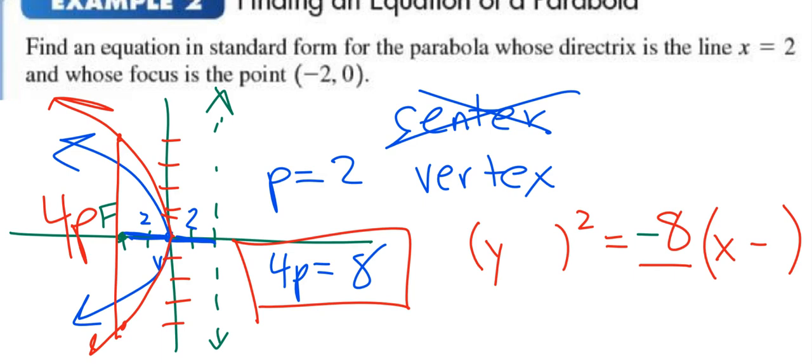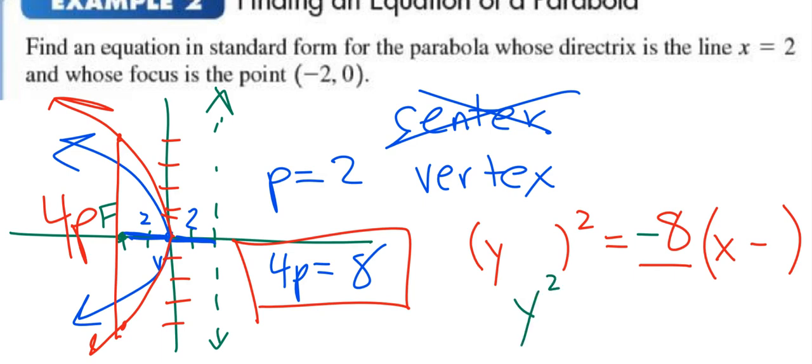That's an important thing because yes, we use 4p, but you need to understand that it's a decision you have to make based on the picture. And if you don't draw the picture, you won't know. Right, sir? Stay with me. Okay, now. What else should we fill in here? 0, 0.